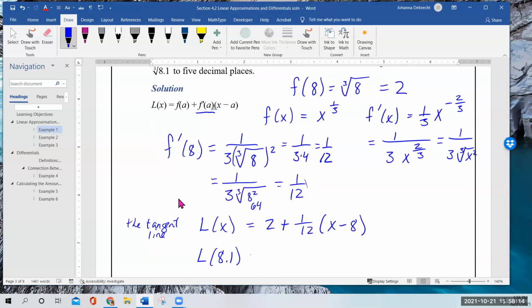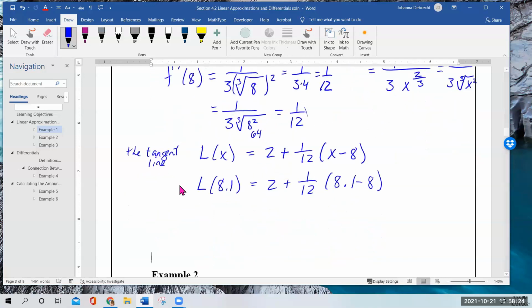This gives me 2 plus 1/12 times 8.1 minus 8. 8.1 minus 8 is the same as 1/10, which gives me 2 plus 1/12 times 1/10. 1/12 times 1/10 is 1 over 120. This gives me 2 plus 1 over 120.